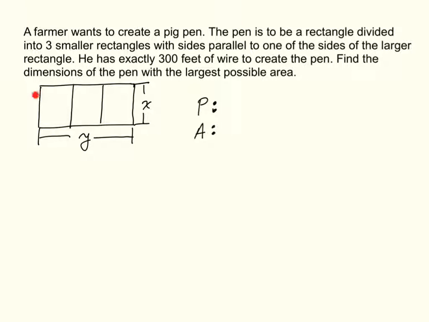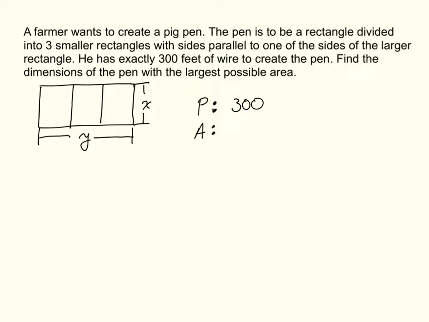I've already drawn a picture of what this pen is supposed to look like. There are 3 small rectangles, and the sides on the inside are parallel to the sides of the larger rectangle. We already know that there are 300 feet of fencing, so I'm going to call this the perimeter.